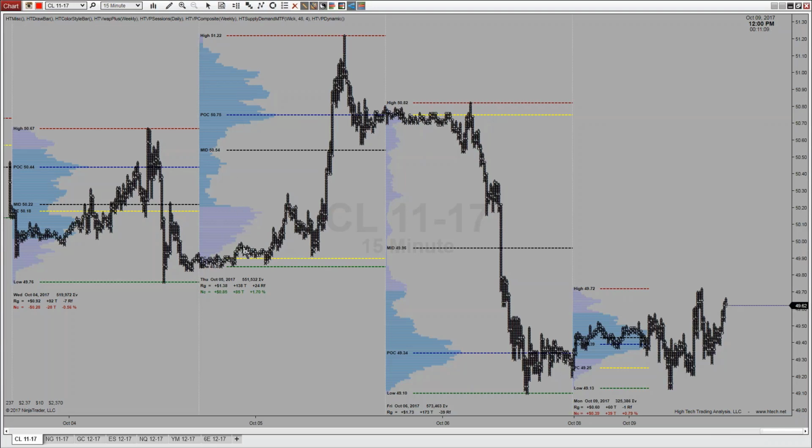Now, from a market profile standpoint, they look at one standard deviation, which is 68.2%. I believe it's been adopted by most people to just look at 70% of the volume that's traded over the day as what's considered in value. And if it trades outside of either the upper or the lower limit of that, then you're out of value.